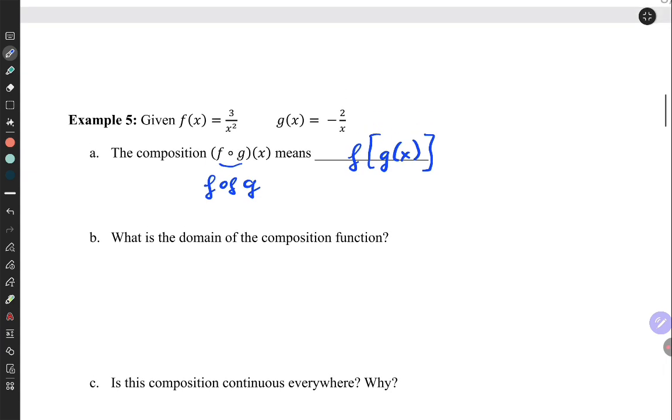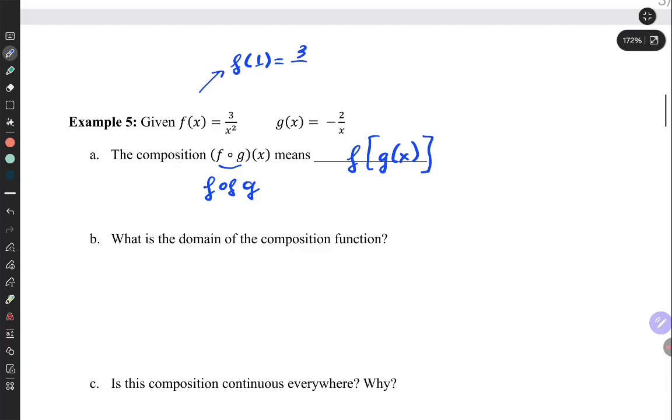So, that f of x. If I ask you to plug in 1, I don't think you have any problem, right? That's a 3. But what if I ask you to plug in g of x?